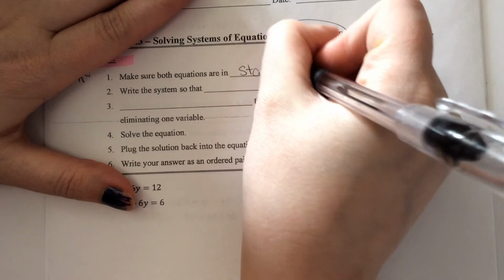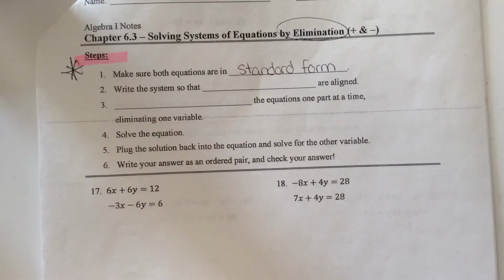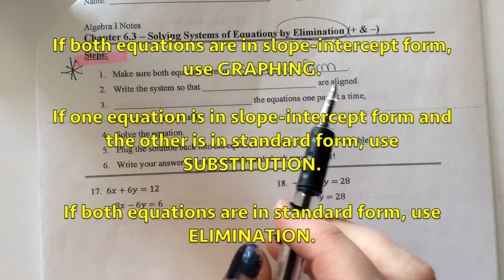Do you remember a while back I told you out of all 3 ways to solve systems, each one of them tends to be the best choice for different circumstances. So for example, graphing is the easiest when both equations are in slope-intercept form.